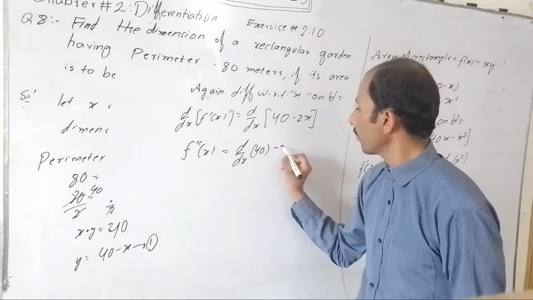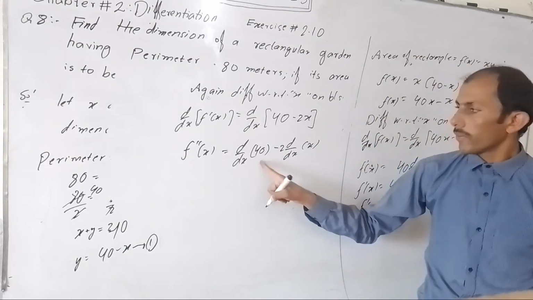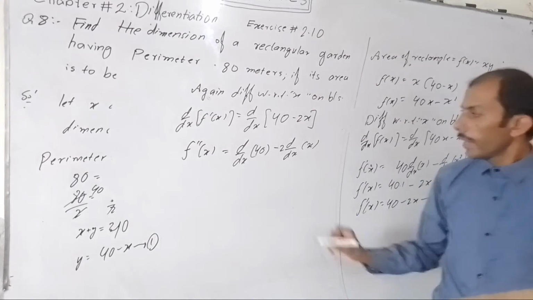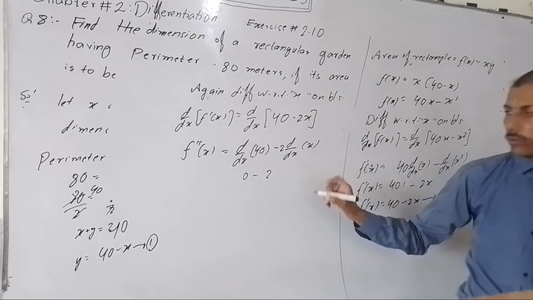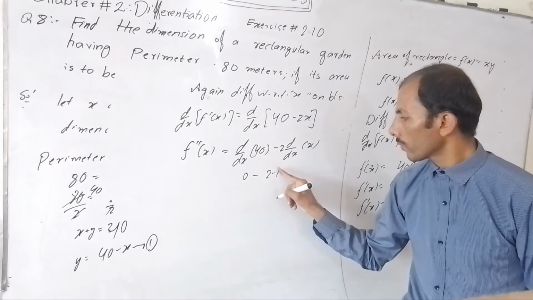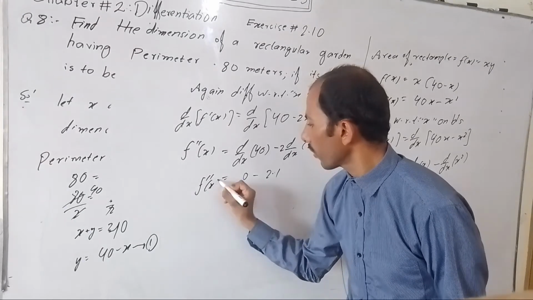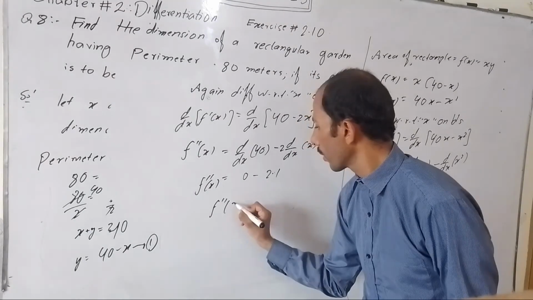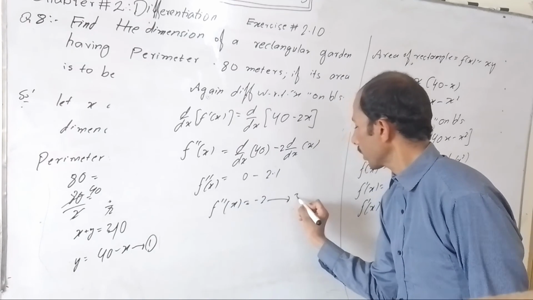Derivative of 40 with respect to x is equal to 0, minus 2 times derivative of x with respect to x is equal to 1. f double prime of x is equal to minus 2. Equation number 3.